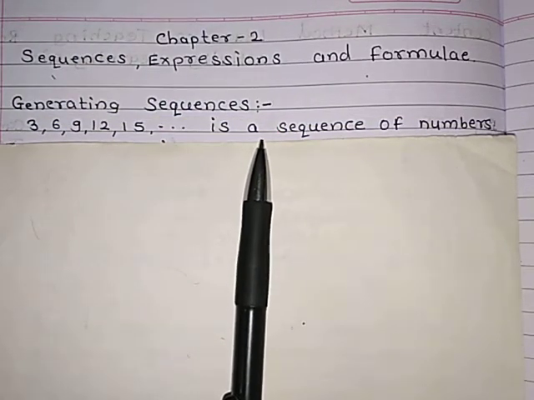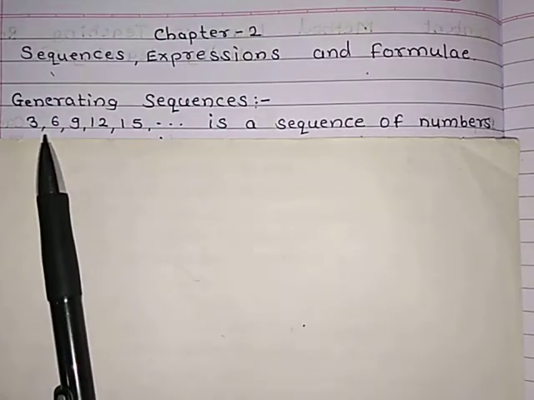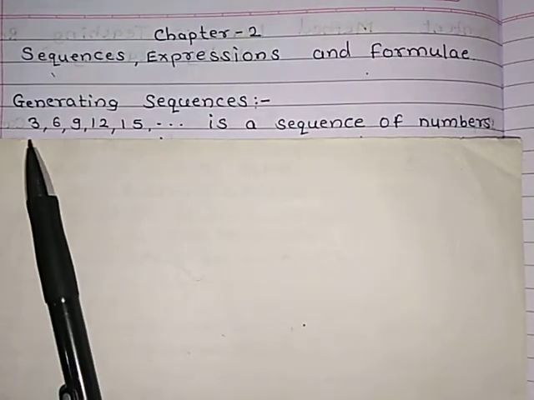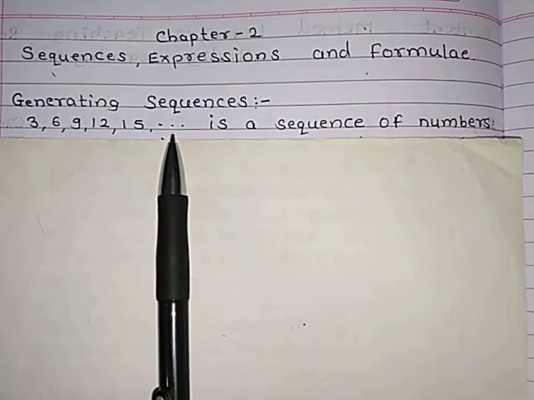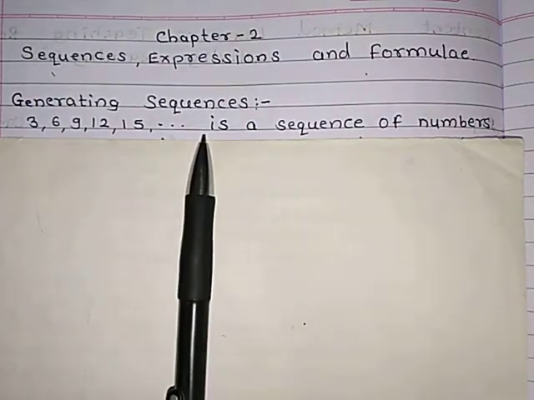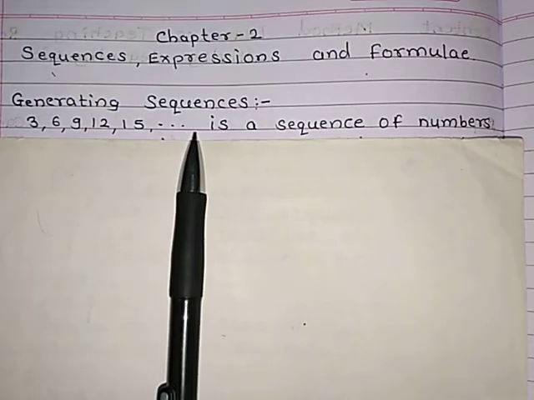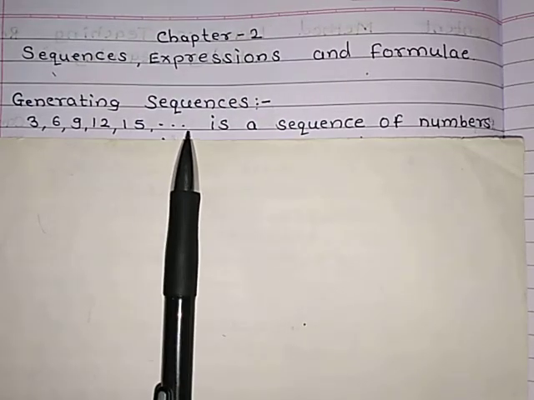See here. Here we have been given some numbers: 3, 6, 9, 12, 15 and so on. The 3 dots given here mean it is continuous.